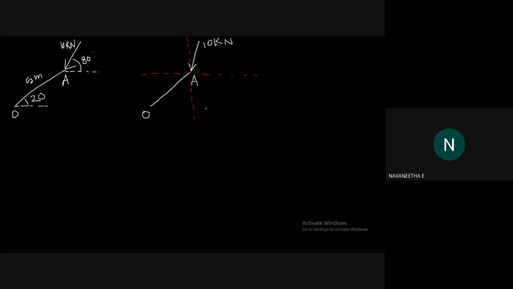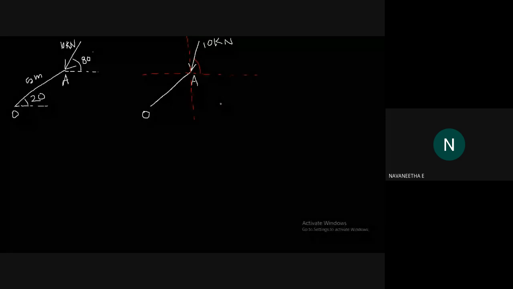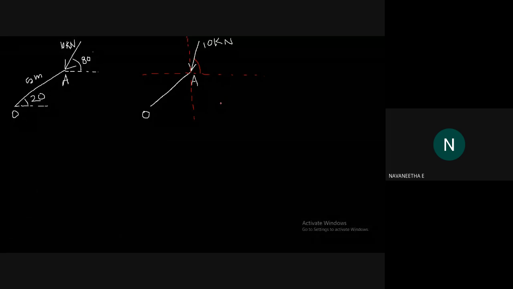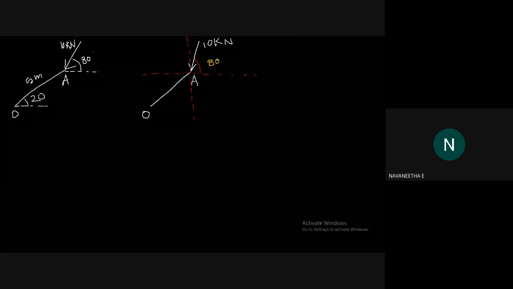What is the angle made by the force 10 kilonewton with the original x-axis? 80 degrees. It is already given in our question. So it is 80 degrees with the original x-axis.